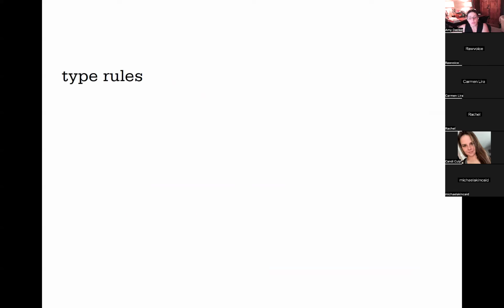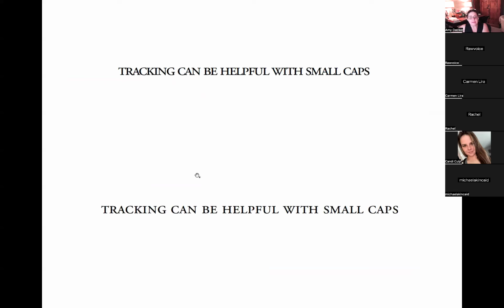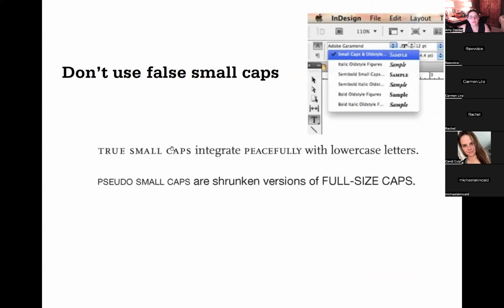No, that's fine. So let's go in here. Small caps are capital letters that sit on the x-height, meaning they integrate peacefully with lowercase letters. You can see the lowercase letters sit on the x-height and small caps sit in the x-height, so they work together. Pseudo small caps are shrunken versions of full-size caps.